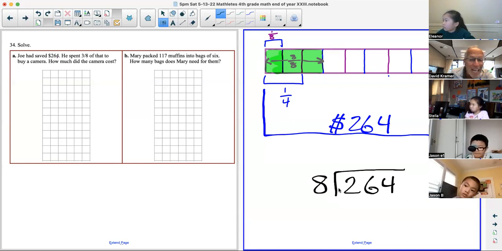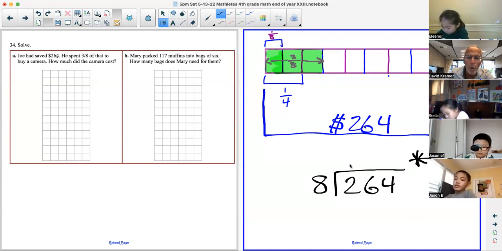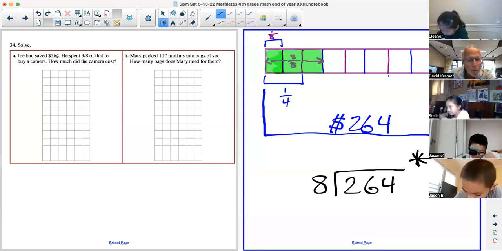Yes. And then guys, after we do that, what should we do? What do you think, Jason B? After we divide 264 by 8, don't we have to now multiply that answer by something? By 3. Yes. Everybody do it now. We're going to divide by 8 and then multiply by 3. Everybody get to work.